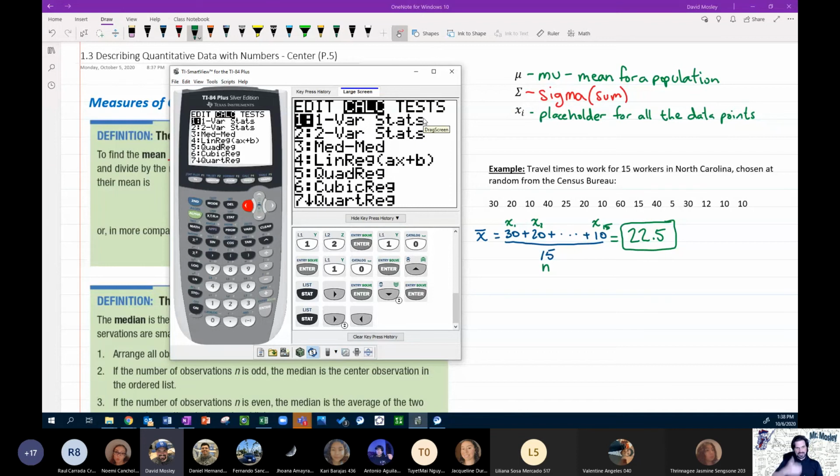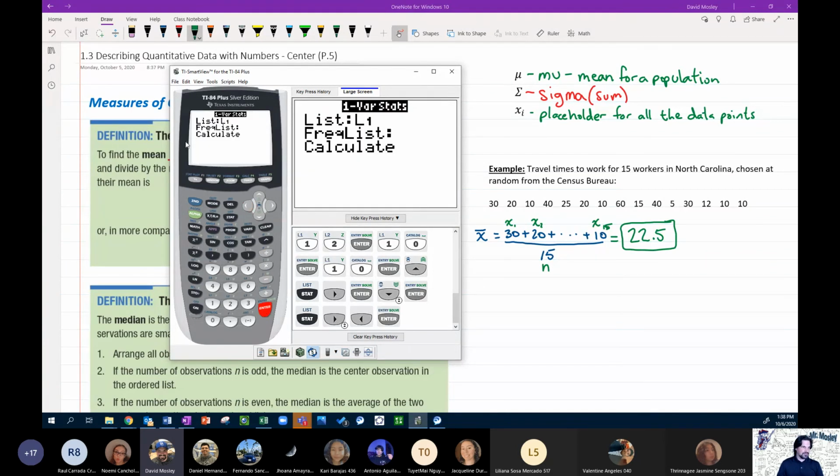We have a set of data. We're only looking at a single variable. It's a quantitative variable, or travel times. So we'll hit Enter. This should default to L1. If it does not say L1, like the previous person had the calculator, they had something wacky in there, you can clear that out.